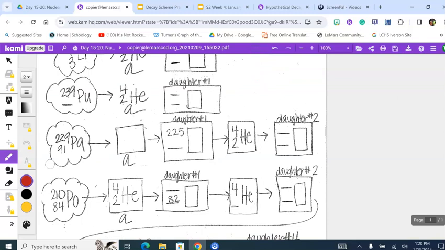So now, if you take a look up here, you've got Pu 239.